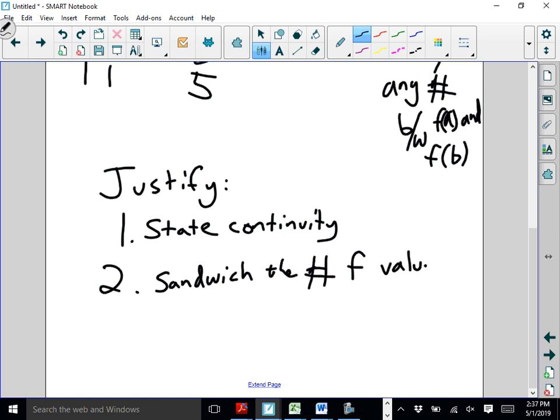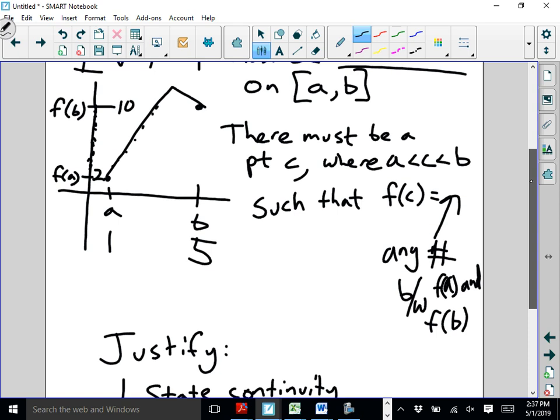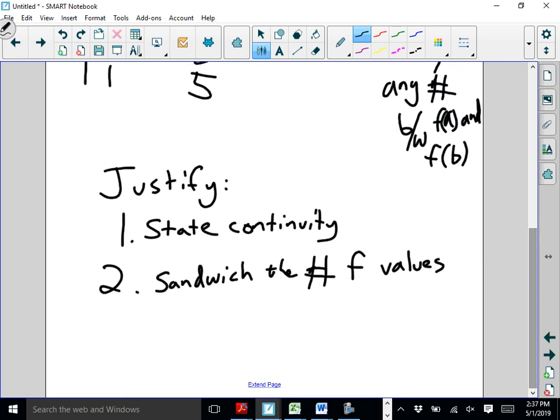For example, here I would say, f of a equals 2, f of b equals 10. Okay? You need to state your surrounding values. Then you state your conclusion with the IVT.